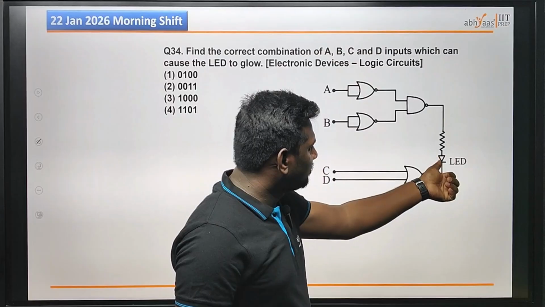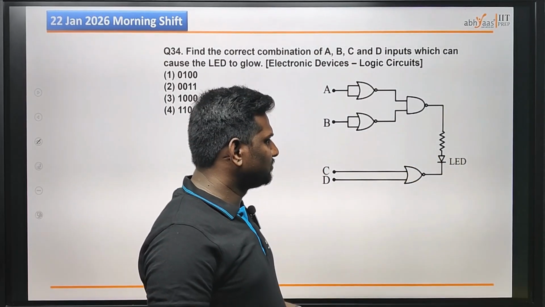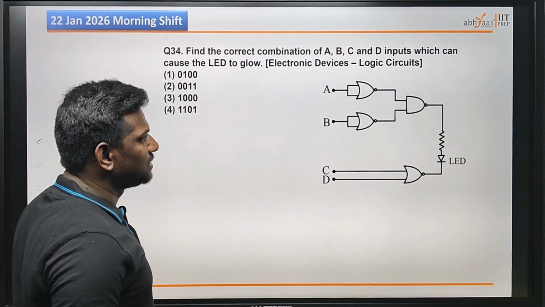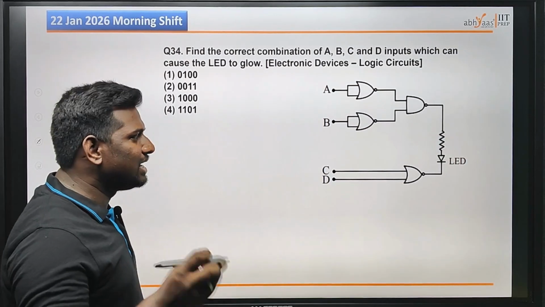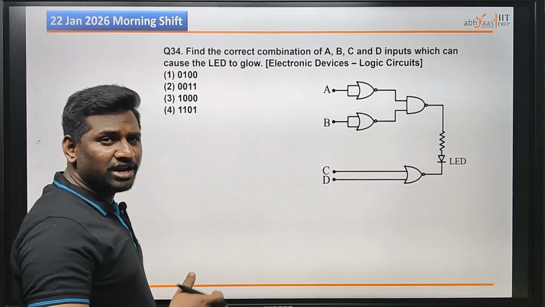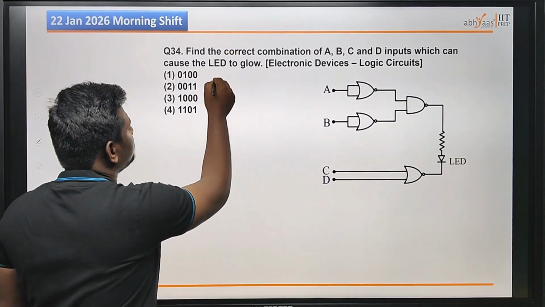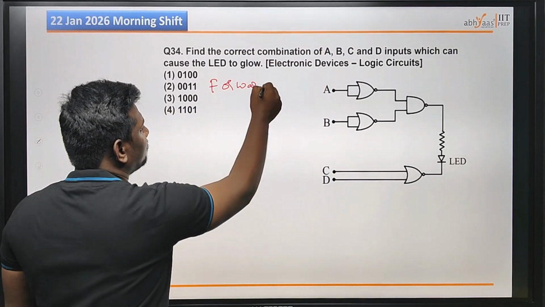If you observe, we are having a PN junction diode. For a PN junction diode, if you want that LED to glow, the PN junction diode must be in forward bias.